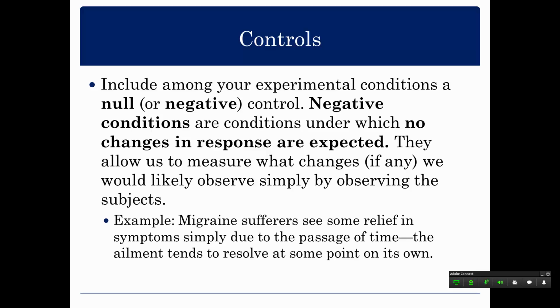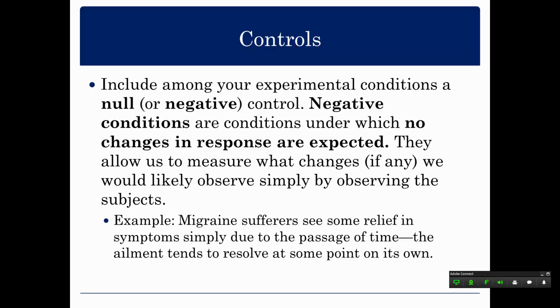An example of a negative control, of course these are not always ethical or feasible, but you can have a study of migraines where you have a small control group of migraine sufferers that you just observe in the same way that you would observe your treated group of migraine sufferers to see how their migraines progress over that same period of time.